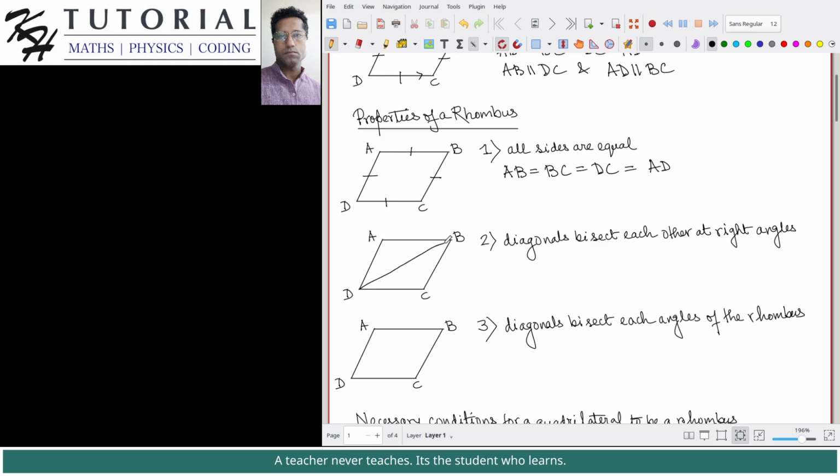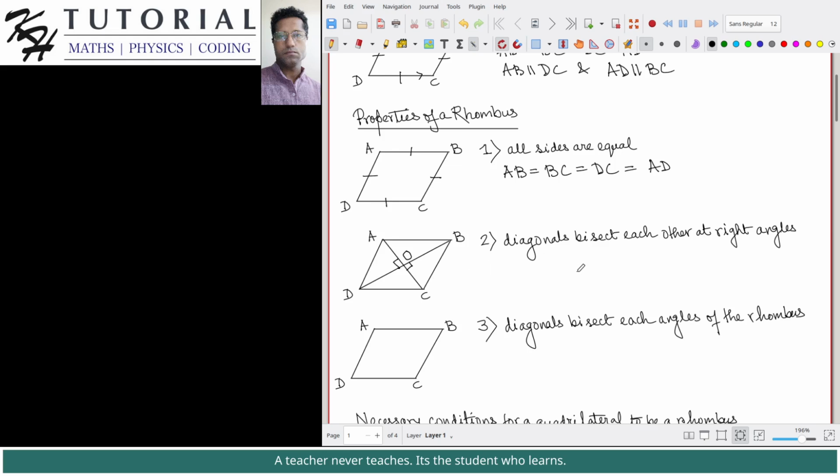If we draw the diagonals AC and BD, and let's say the two diagonals intersect at the point O, then the diagonals will intersect at right angles, and also the diagonals will bisect each other.